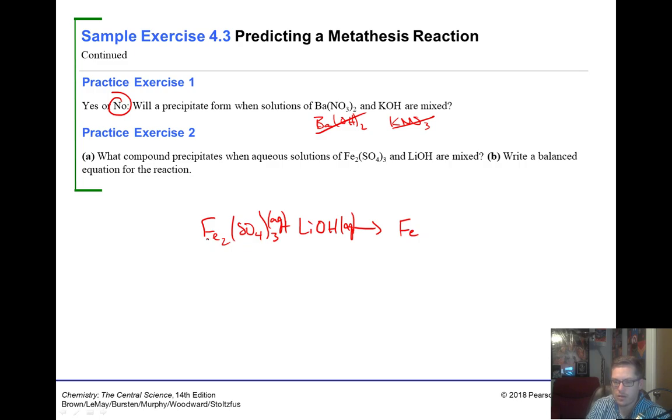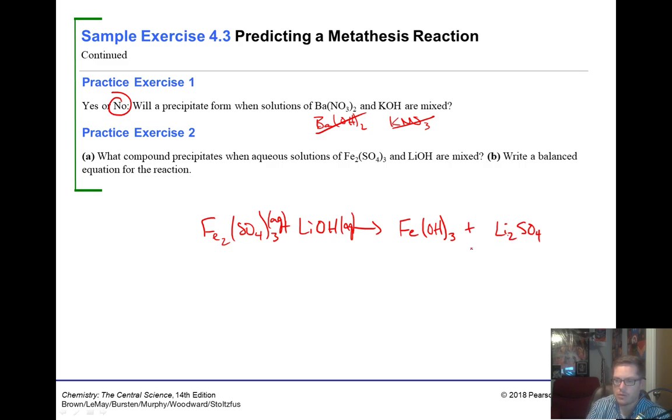Now this iron had to have a 3+ charge, because the 3 down there goes up top. OH has a 1 minus, so this would be Fe(OH)3. And then the other side would be lithium sulfate, Li and then sulfate. Sulfate has a 2- charge. Lithium is an alkali metal, so we'll need 2 lithiums for each sulfate.